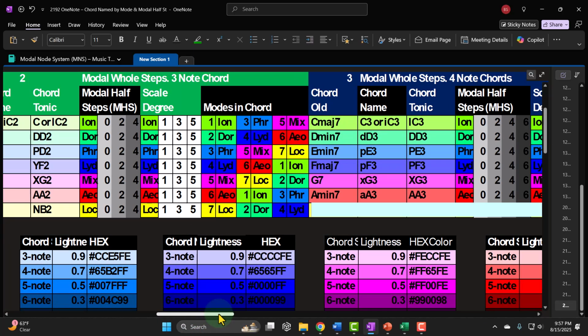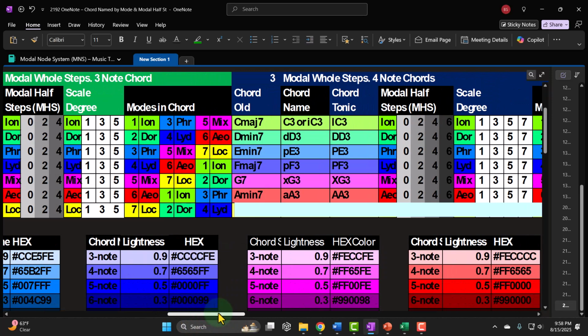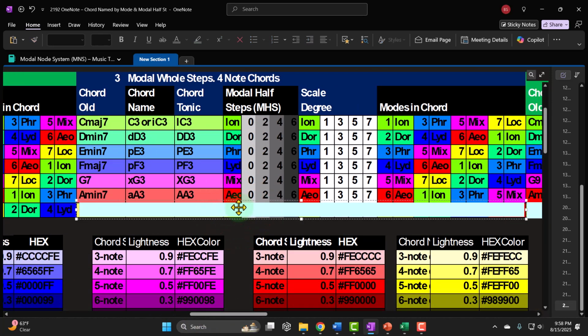So that means if we started on the Locrian, the 7, plus 2, we go around the horn, would get us to 2, plus 2 gets us to 4. So the Locrian chord can be defined as the 7-2-4, or Locrian, Dorian, Lydian. And the Lydian is the last node that we're naming the chord off of, which is 4 modal whole steps up, which would be 5 scale degrees, the 5th scale degree, okay? So let's say we add another note.